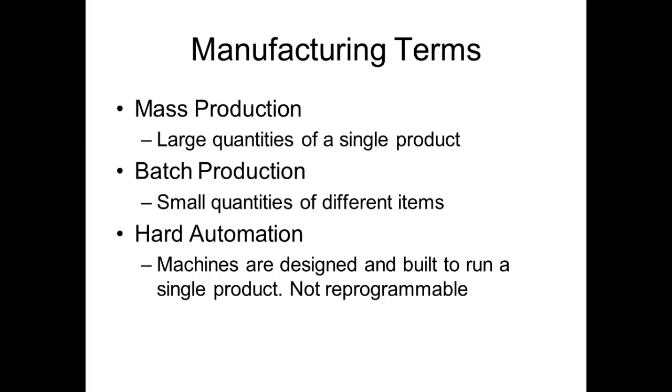Hard automation: these are machines designed and built to run single products. These are not reprogrammable. There's a lot of those. Automated manufacturing has been around for years. You ever watch How It's Made? And that thing comes out and spins that little spring around.